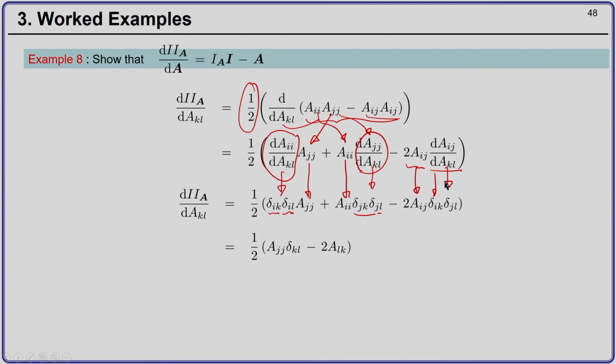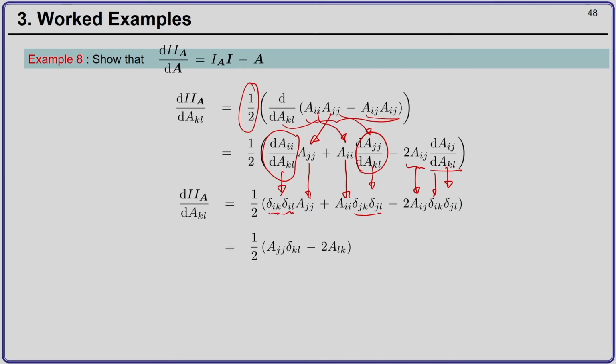Next, you can use the substitution property of Kronecker delta. Delta ik delta il will be nothing but delta kl.